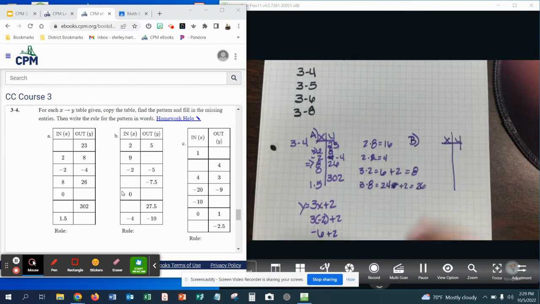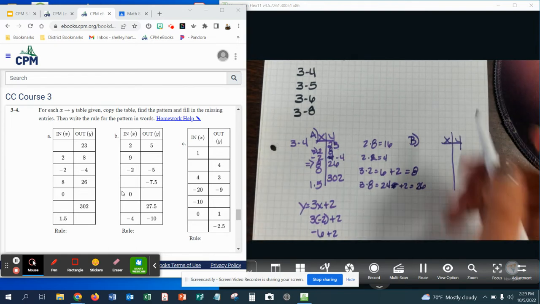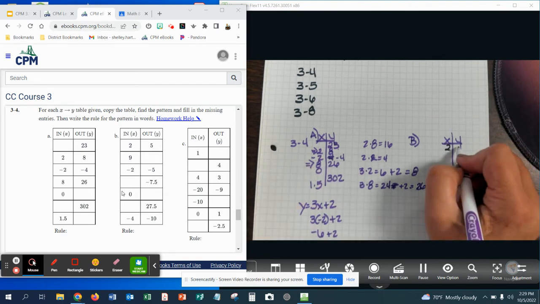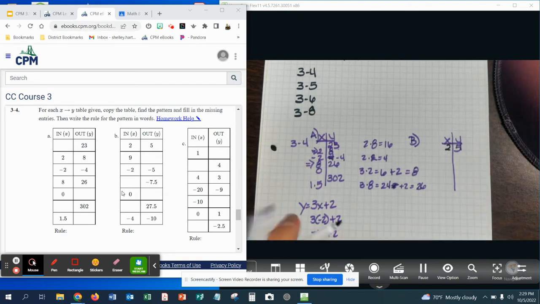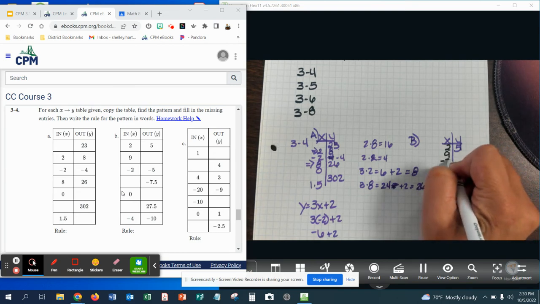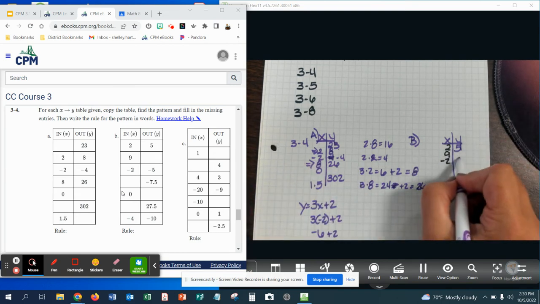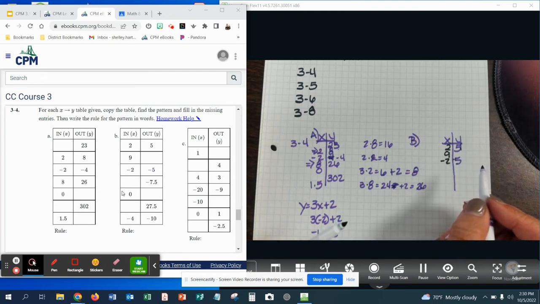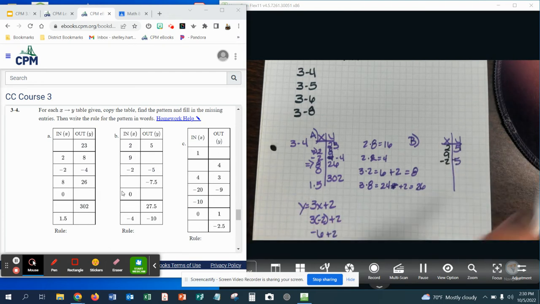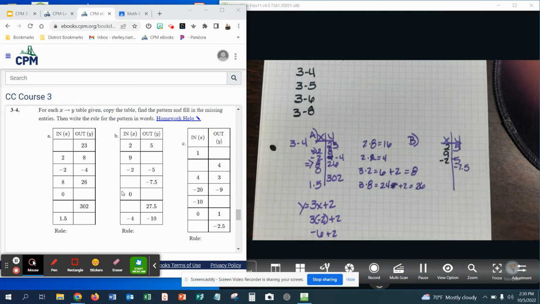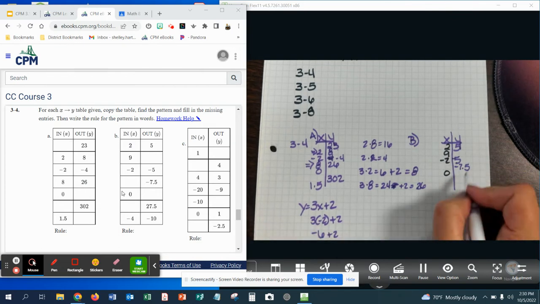X and Y. They're giving us 2 and 5, and then 5 and 9, and then -2 and -5, and then -7.5, and then 0, and then 27.5.